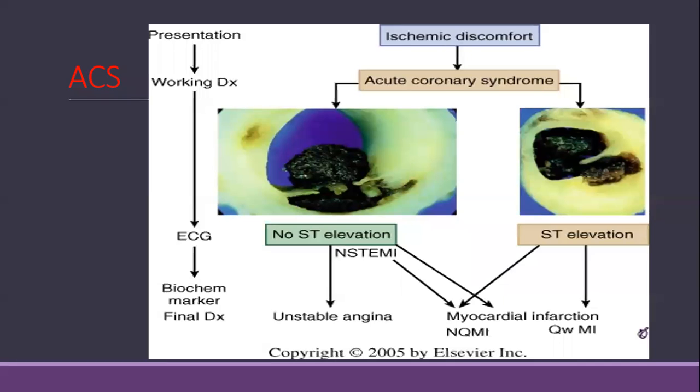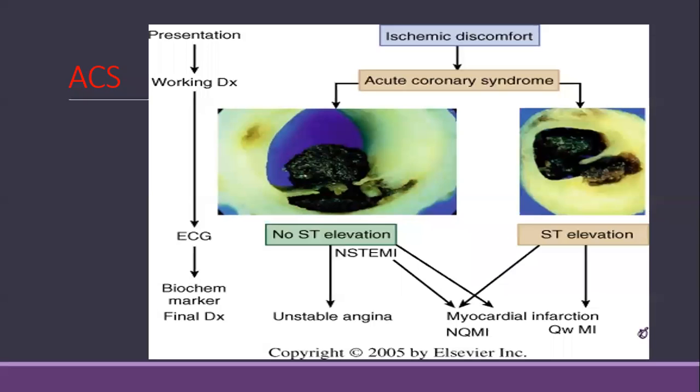Biomarkers are elevated definitely in patients who have ST elevation MI and also in the group of patients who have non-ST elevation MI. So biochemical markers are very important in making the diagnosis of whether the patient has got an infarction or not.